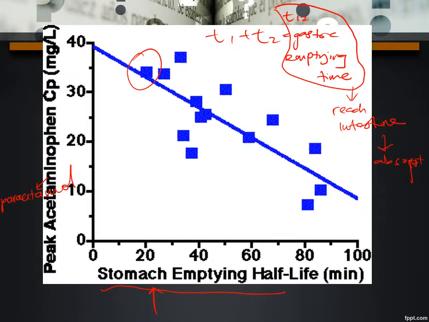The relationship is almost linear, and when you have a longer stomach emptying time, meaning a longer time for T1 and T2, then the absorption is reduced. So the peak concentration of PCM is also reduced.